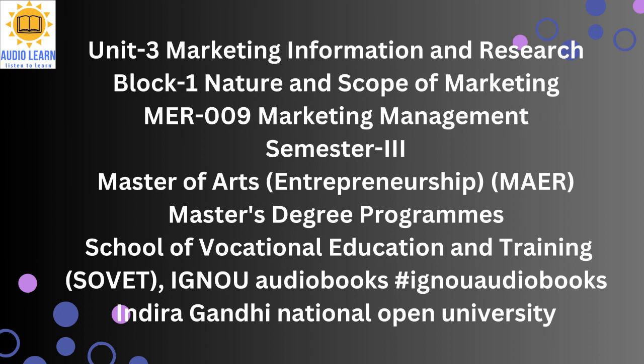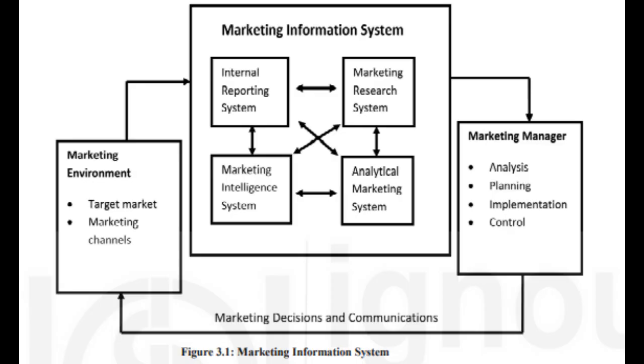A. Internal reporting system. Every company has a system of reporting events and decisions within the organization. This is known as internal reporting system. The internal reporting system supplies management with a variety of information, including information related to marketing operations and decisions.